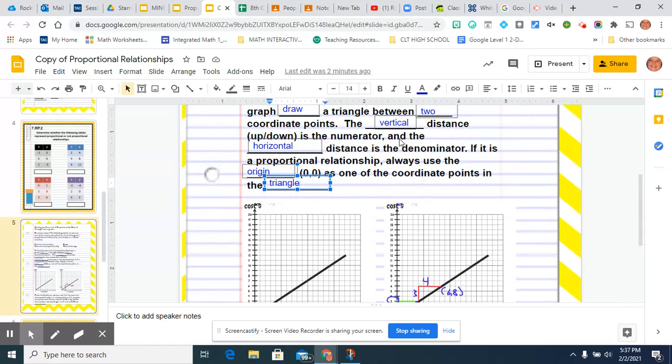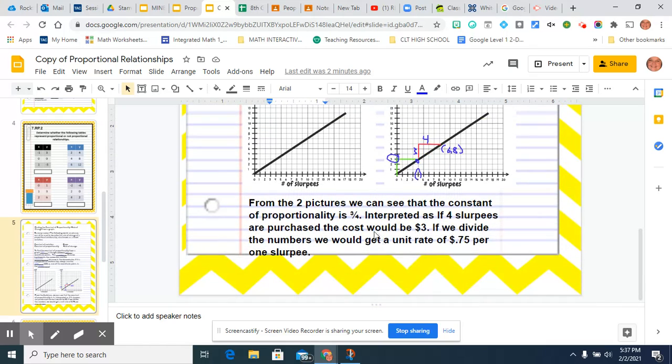That's what we did up here when we talked about where things went in the numerator and denominator. So if I use the characteristics of the sides, remember, this is number of Slurpees and this is money. So up and down came first. So $3, I can interpret this as $3 versus 4 Slurpees. Or if 4 Slurpees are purchased, the cost would be $3.